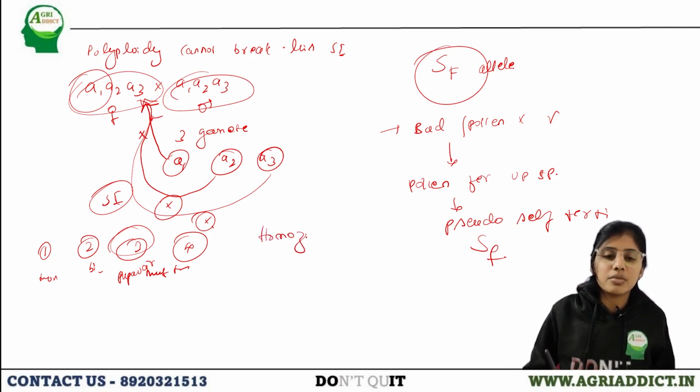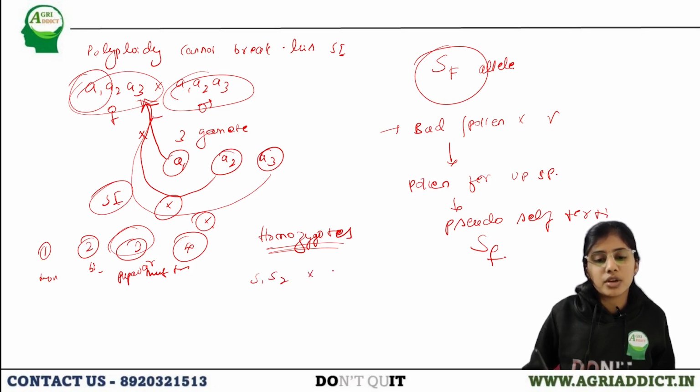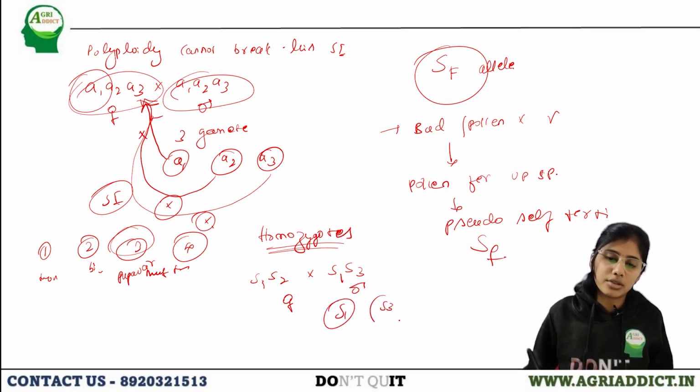And also in this, we cannot see the homozygotes. In this mechanism, homozygotes are not seen. Why? Because let us take S1, S2 crossed with S1, S3. So let us take this as a female and a male. This will produce S1 and S3.